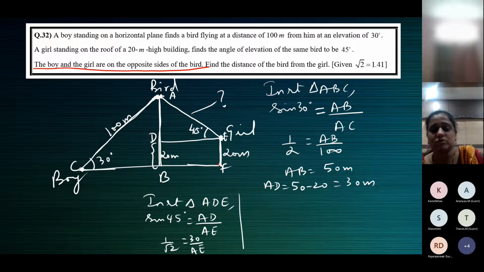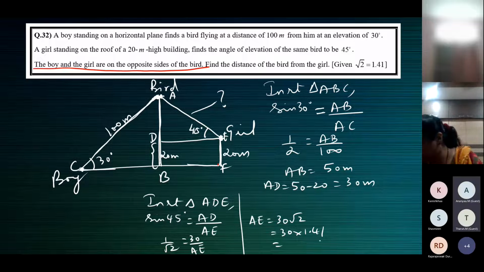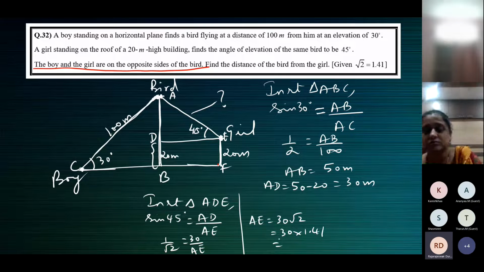So on cross multiplying, you get AE is equal to 30 root 2 or 30 into 1.41. What is it, children? What's 30 into 1.41? 42.3.